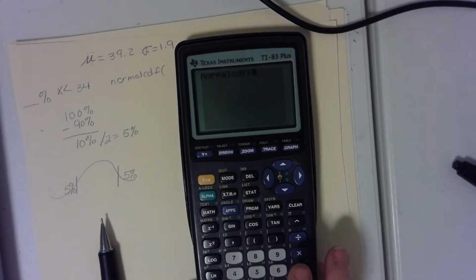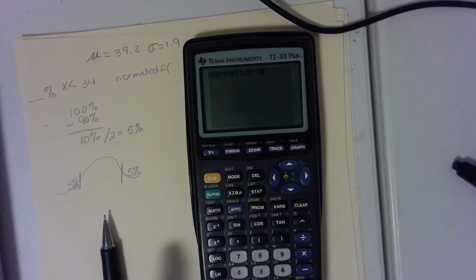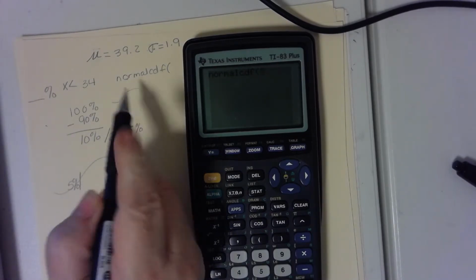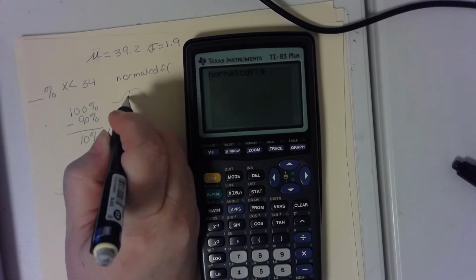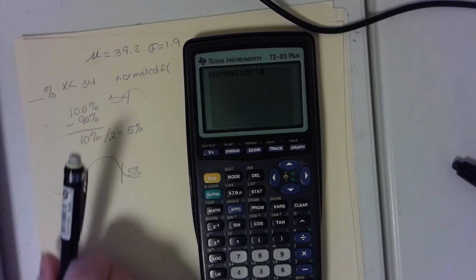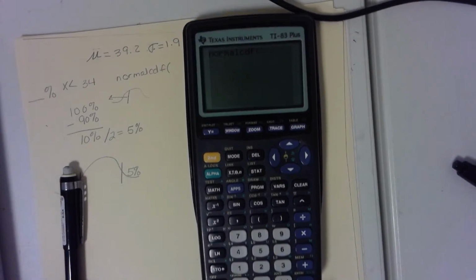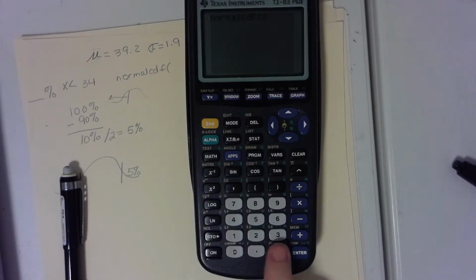And I'm going to type in my lower bound, since it's less than. I would have negative infinity, so I'm just going to represent that as negative. And you have to use the negative symbol down by the decimal point. This one down here.